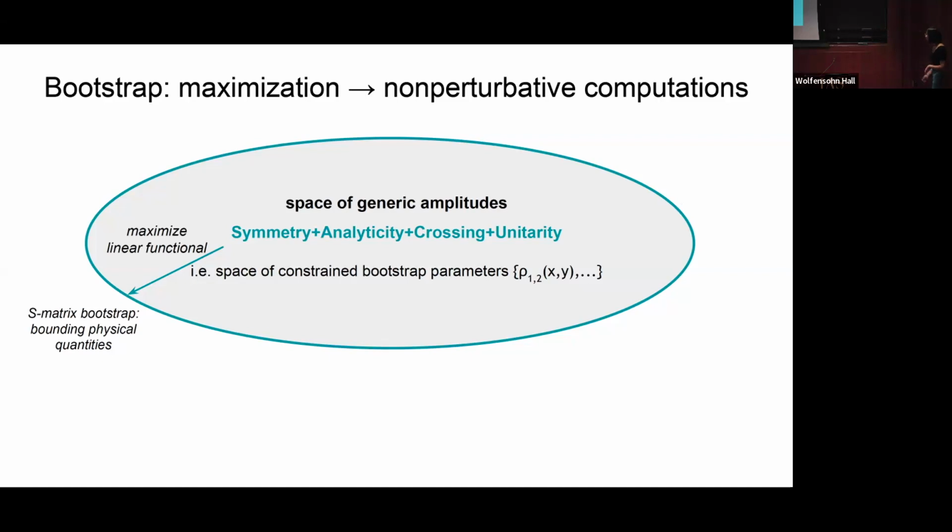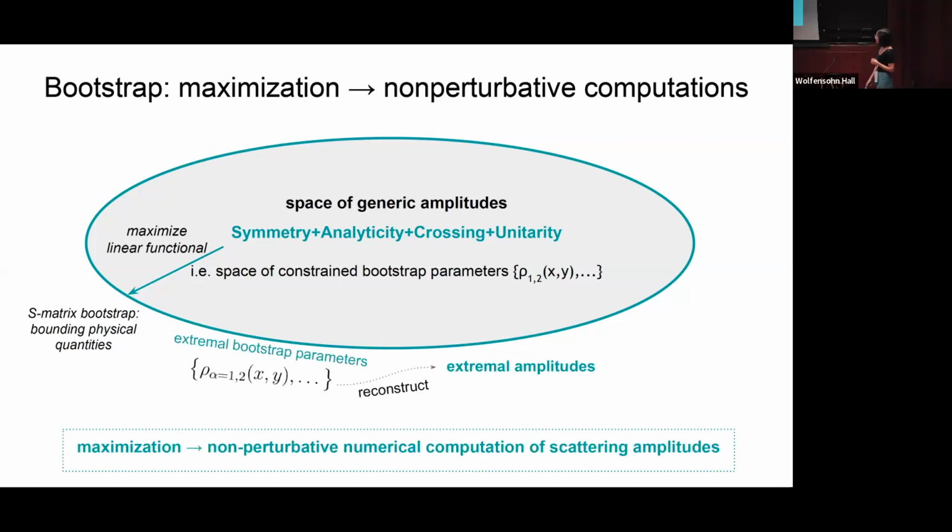But for our purpose, this point is not particularly important. What's important is that once we're at the boundary, there's a set of extremal bootstrap parameters which allow us to reconstruct some extremal amplitude sitting on the boundary. So in this sense, the maximization serves as a tool to obtain some non-perturbative numerical computation of the scattering amplitudes.